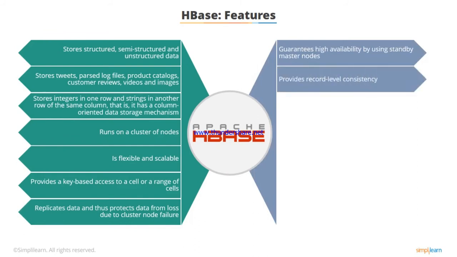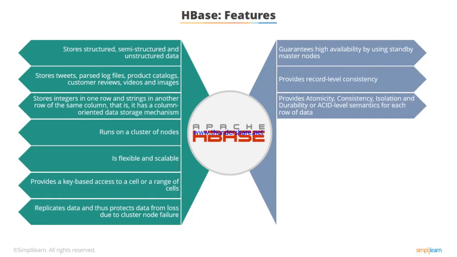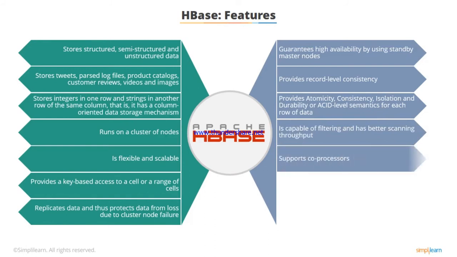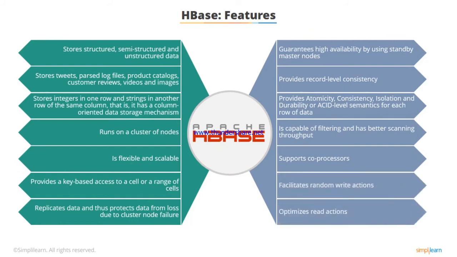Provides record-level consistency. Provides atomicity, consistency, isolation and durability, or ACID-level semantics for each row of data. Is capable of filtering and has better scanning throughput. Supports coprocessors. Facilitates random write actions. Optimizes read actions.